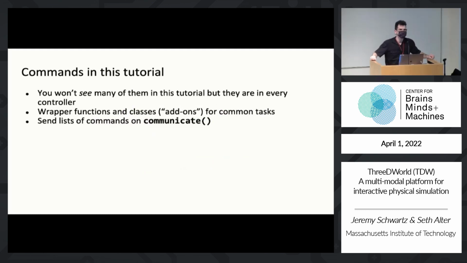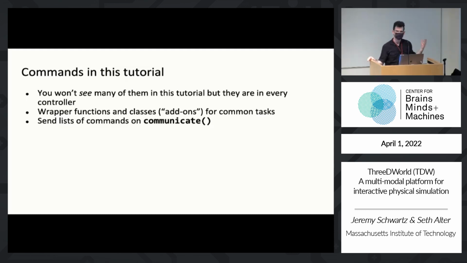An important thing to understand about commands in the context of the rest of this workshop is you're not going to see many of them, but everything you are going to see uses them. There is no way to communicate between the build and the controller except with commands. It's exactly one thing. We're never passing any other kind of data structure, but we can send arbitrarily long lists of commands.